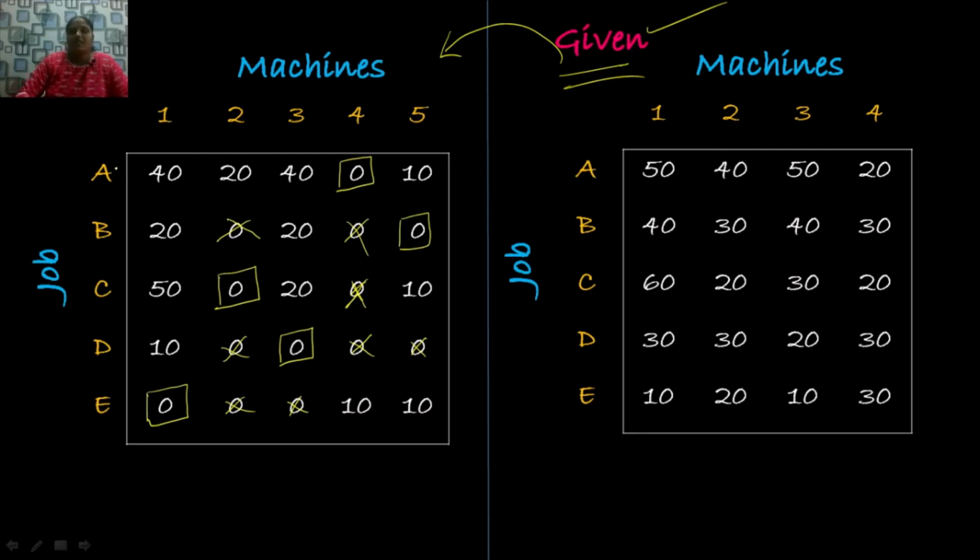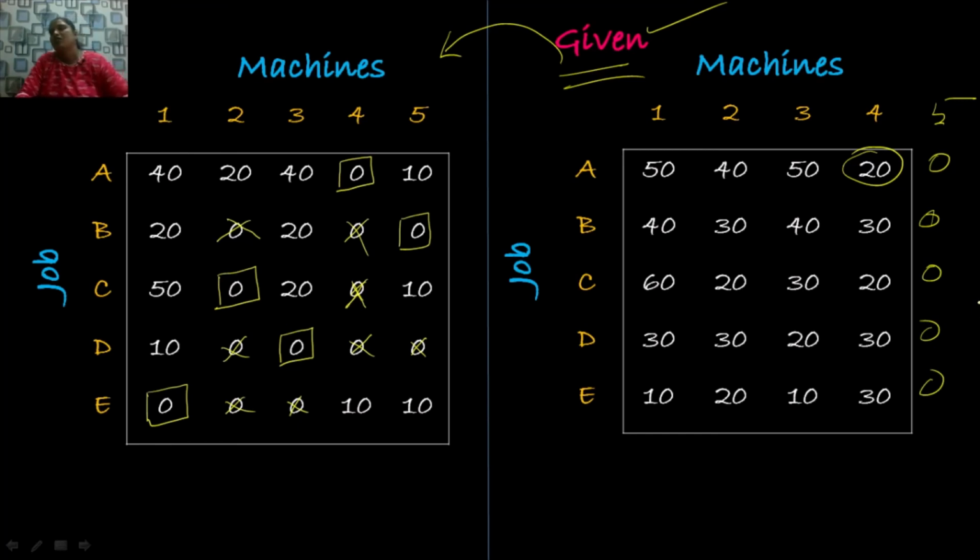Let me first write down the cost associated with these positions. A to 4 we have 20. B to 5: because we were given only 4 columns, we add one more dummy column with 0 assignment cost to make it balanced.